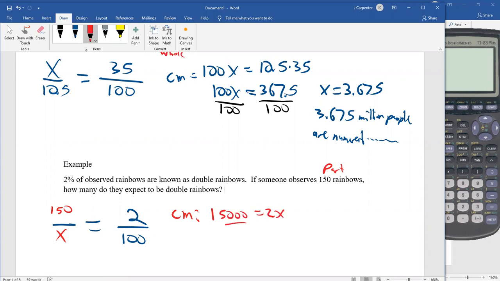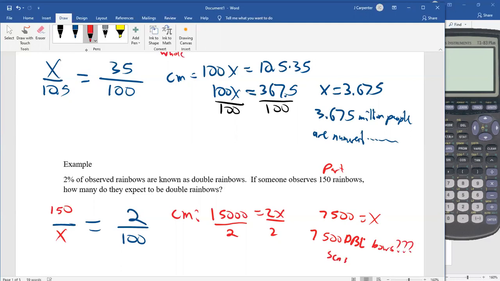And then when you divide both sides by the number with the variable, which is the 2, you're going to get, that was 15,000, so 7,500. So what is x? X was the number of double rainbows, so it's 7,500 double rainbows.